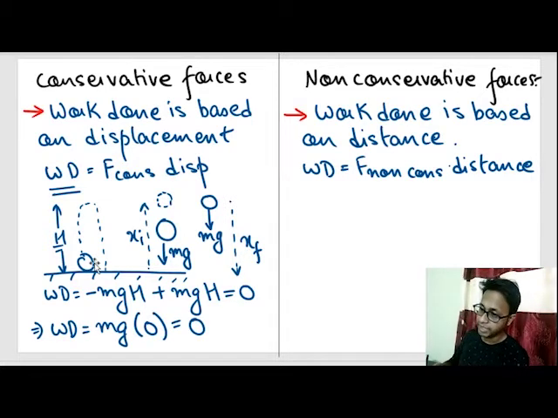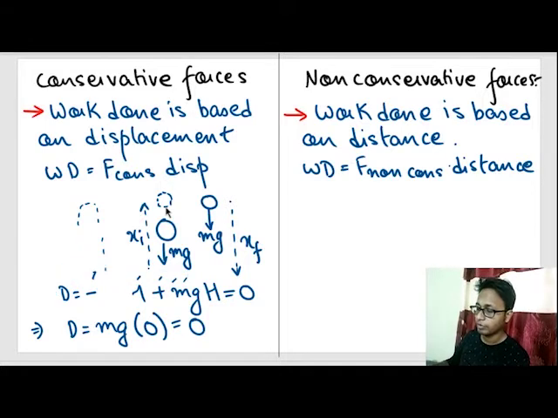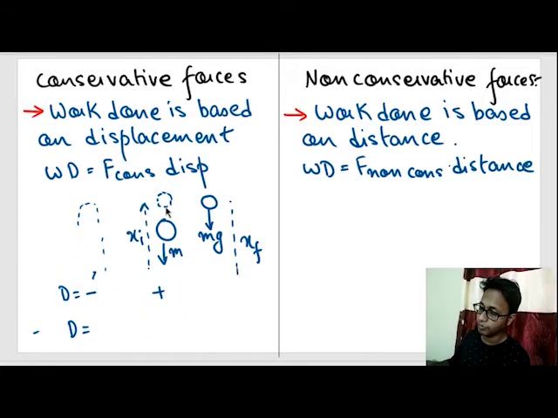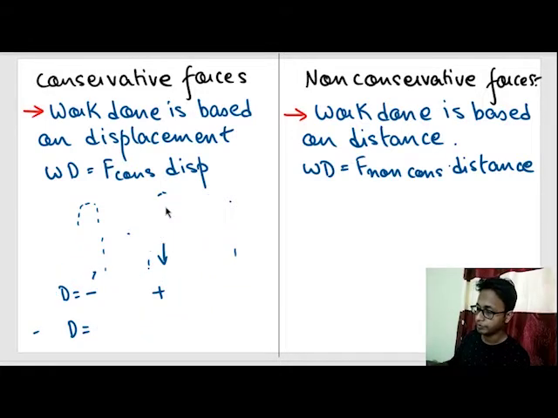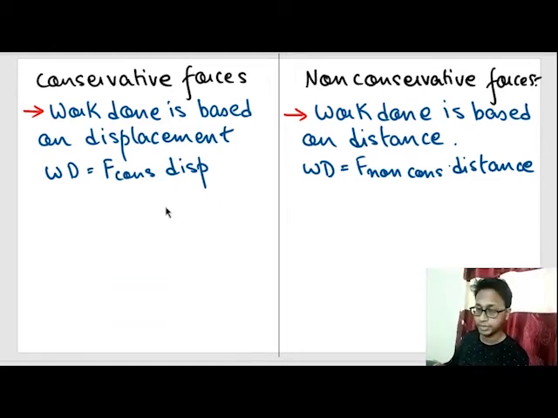The reason I am taking gravity force is because gravity force is a conservative force, and this scenario of work done is equals to force into displacement is valid for all types of conservative forces. Okay, what are the types of conservative forces that I will be giving you? But now just remember, this type of system where work done is equals to conservative force into displacement is valid for all types of conservative forces.